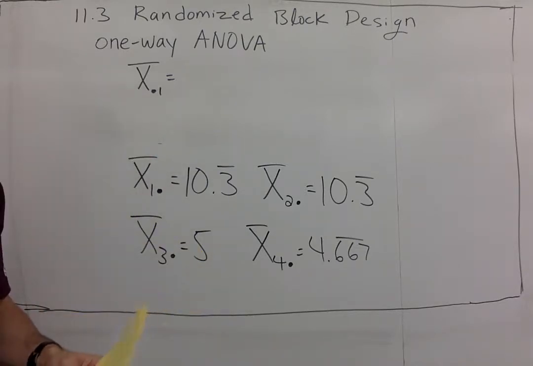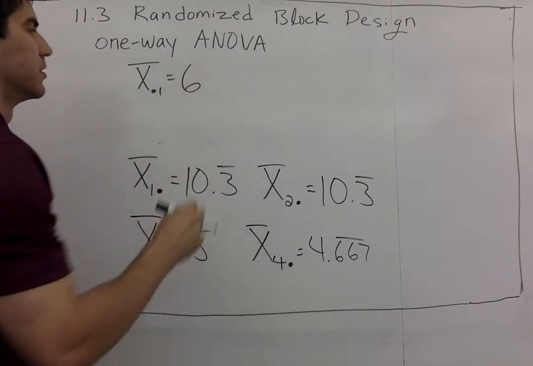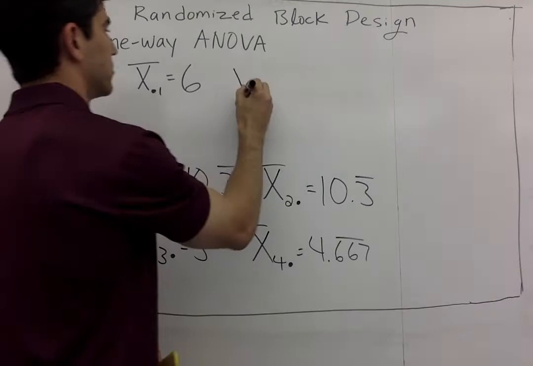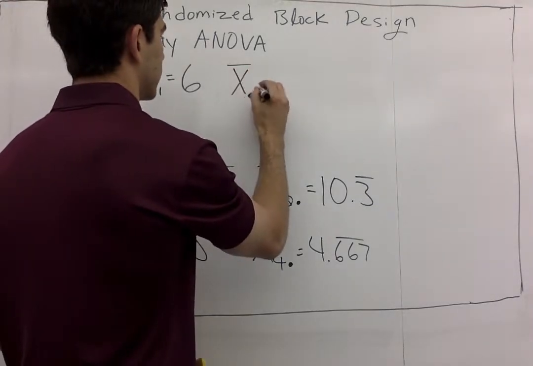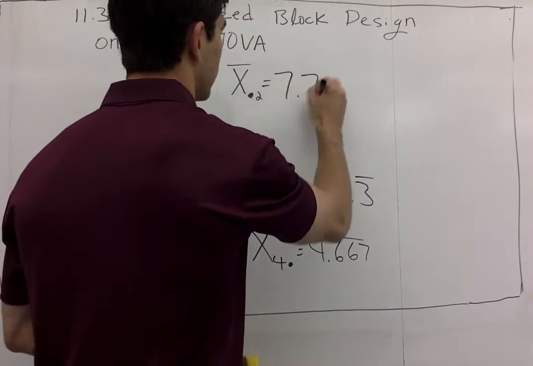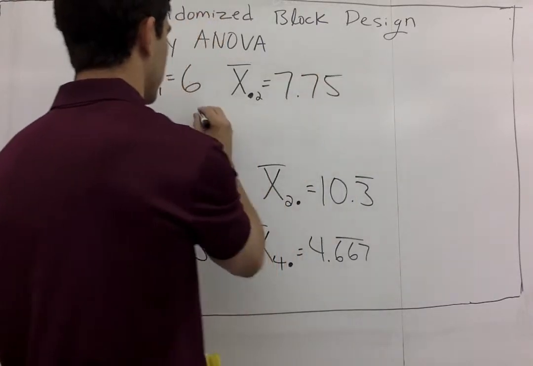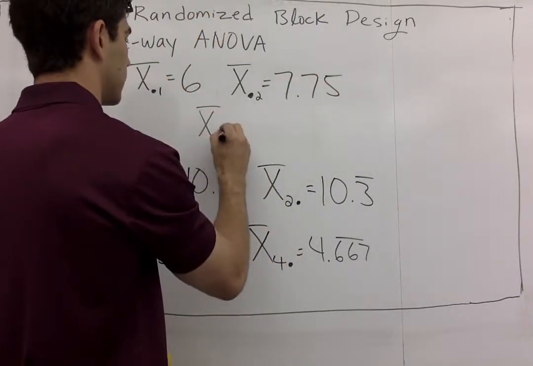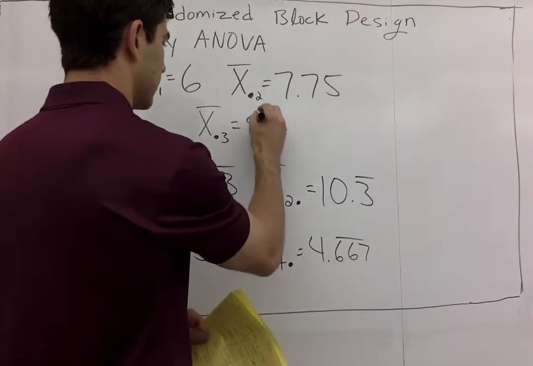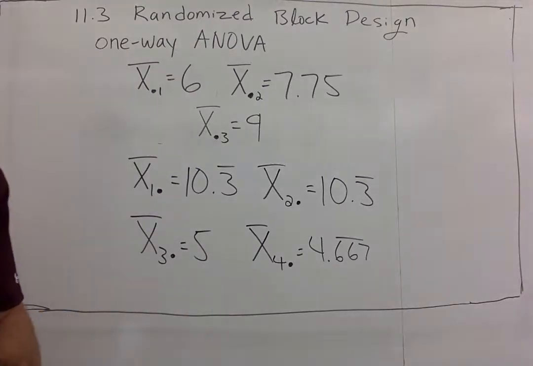So this would be the average of column 1 on your spreadsheet, which is 6. So machine operator 1 had 6 errors. Machine operator 2 had, on average, 7.75 errors. Machine operator 3 on average had 9 errors.